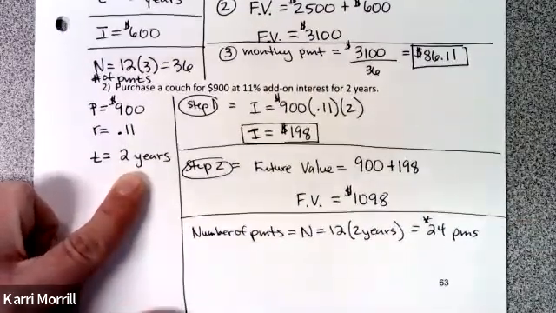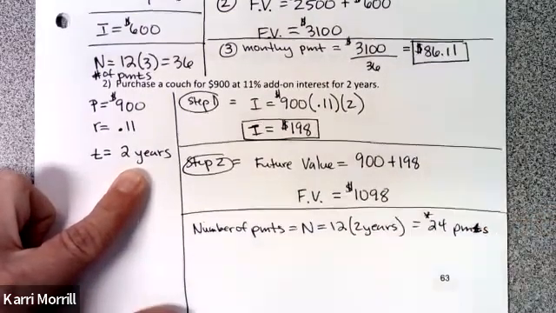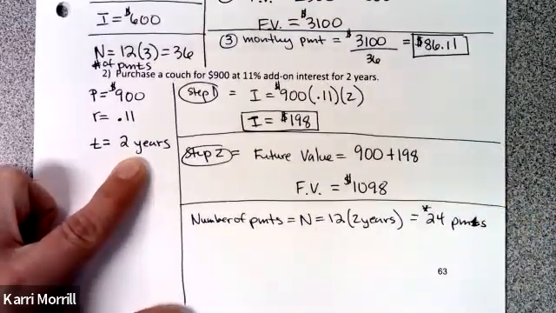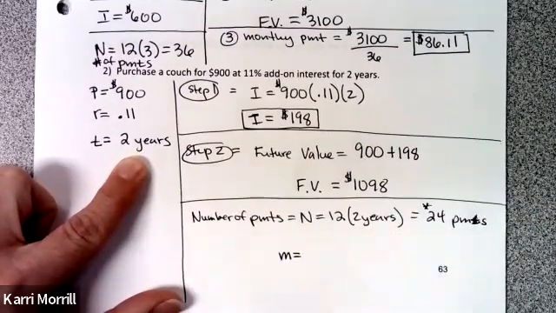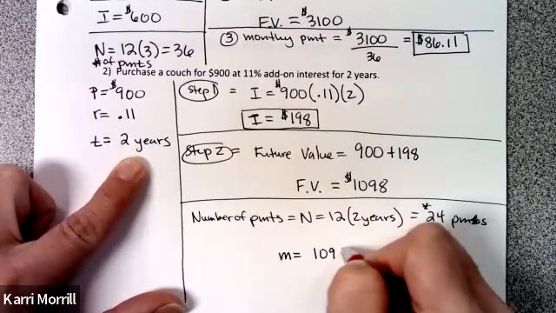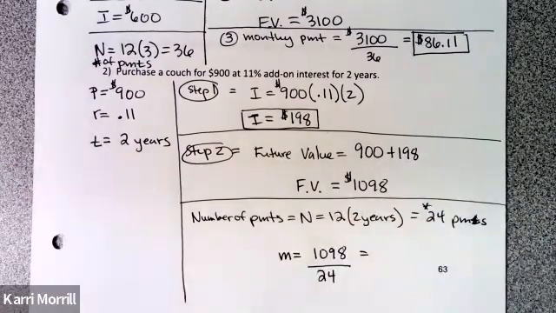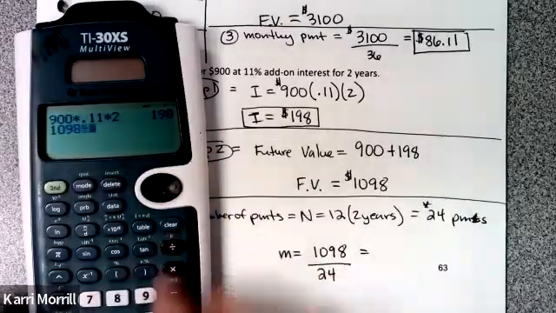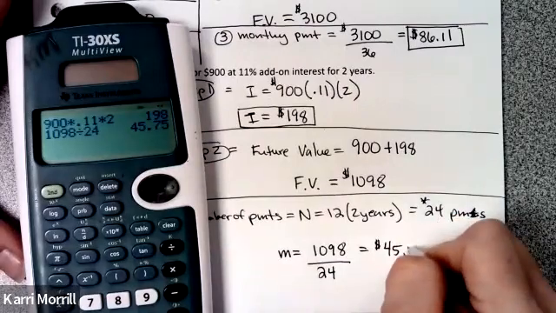That's where the 24 comes from. That tells me how many, but to find the monthly payment, I take my future value, which is the 1,098, and divide it by 24, which is 45.75.